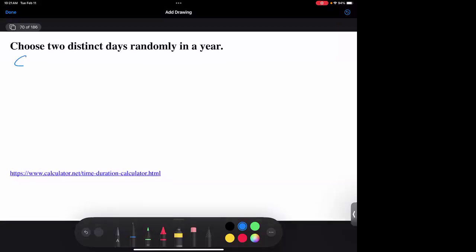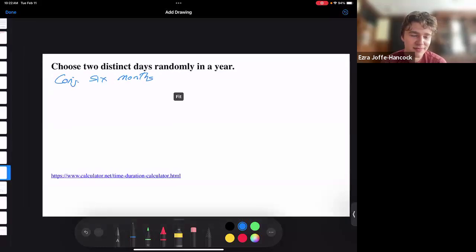Okay. So we have a conjecture of 6 months. That's a very reasonable conjecture. Anybody want to give me another conjecture or an upper bound? It's okay if it's a trivial upper bound. Everybody should be able to give me a trivial upper bound right now. 12 months. 12 months, right?